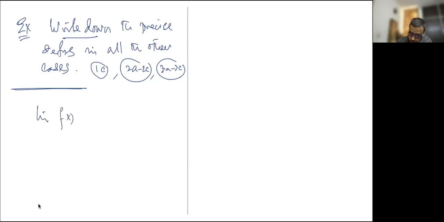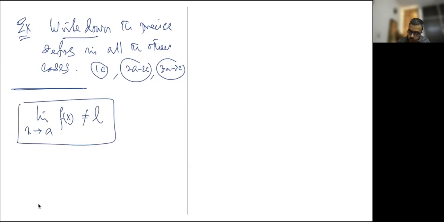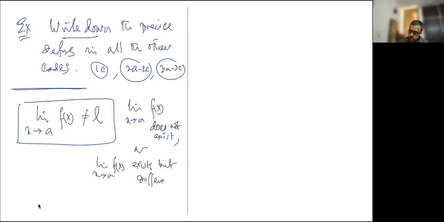So let's say I write this statement, that the limit of f(x) is not equal to L. What such a statement would mean is one of two things: either this limit does not exist, or this limit exists but is different from L.